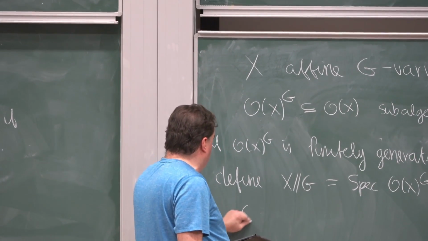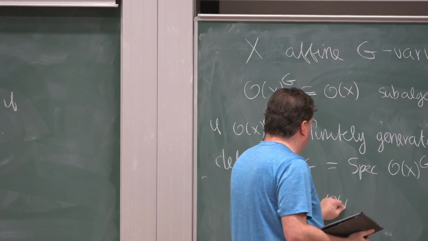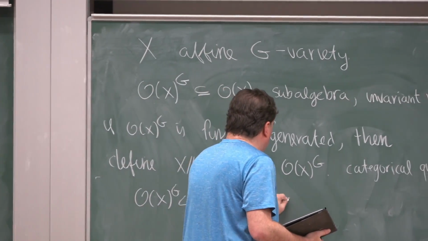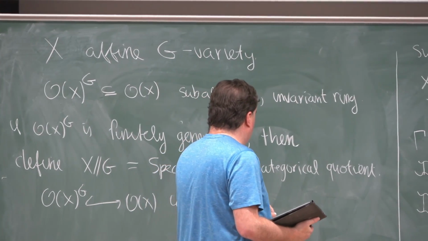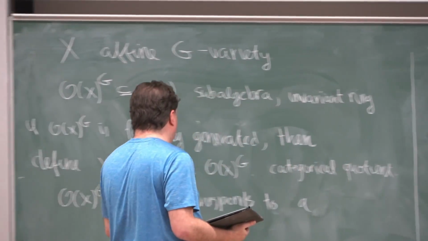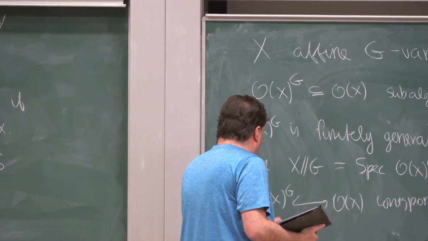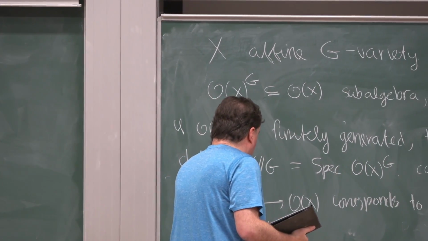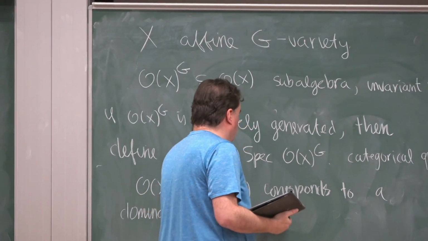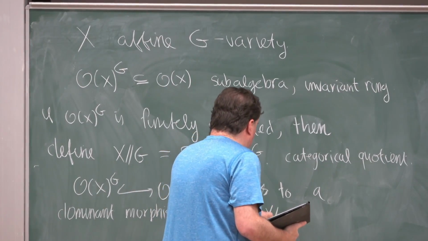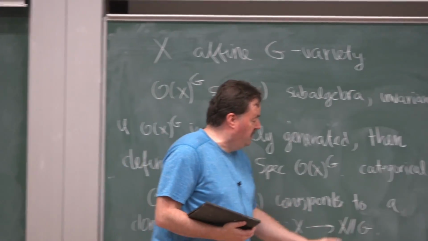Namely, we have this inclusion of the invariant ring. This corresponds to a dominant morphism pi from X to this quotient. It's dominant in the sense that the image lies dense inside here.